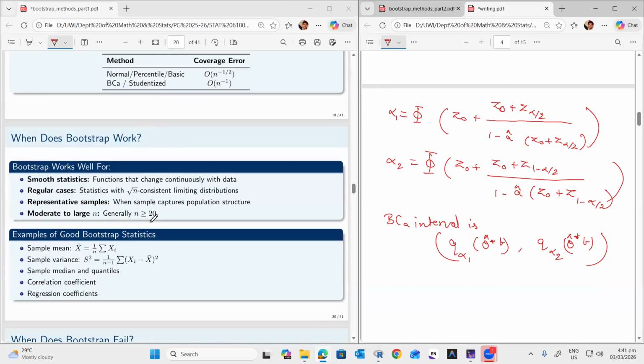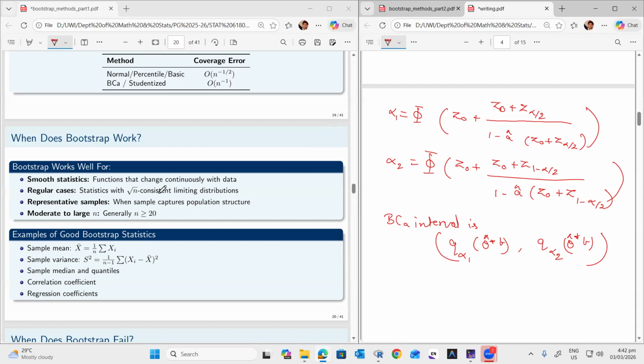Okay, so now we are going to check when bootstrap works. When you have a smooth statistic, meaning a function that changes continuously with data, at that time you can use the bootstrap. Regular cases: statistics with square root n consistent limiting distributions, at that time you can use bootstrap.